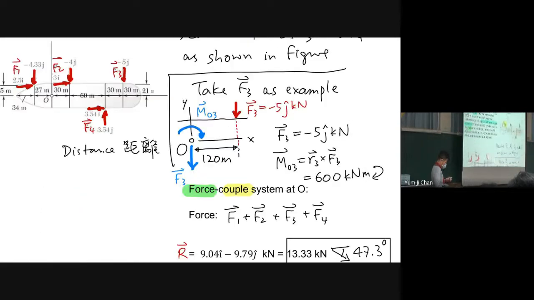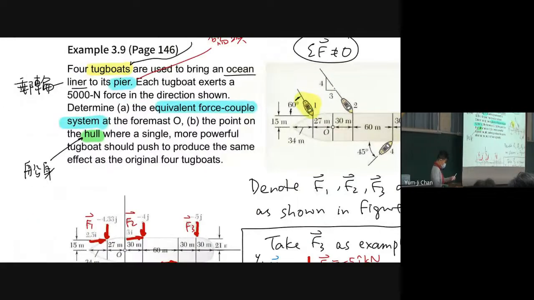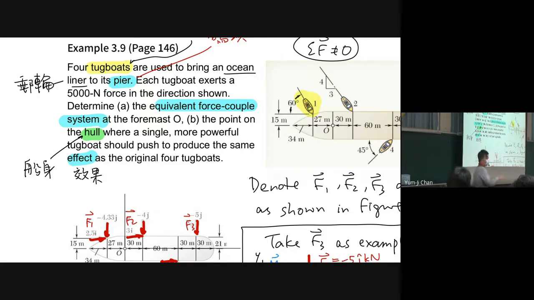Wait a minute. You know this word, right? So we don't have 4 boats now, we only have 1.